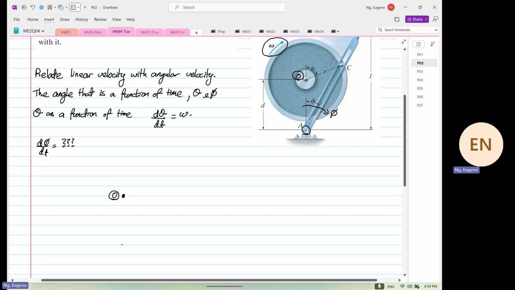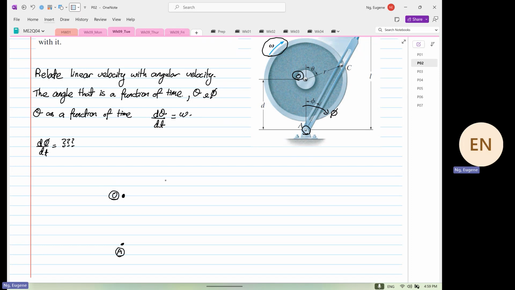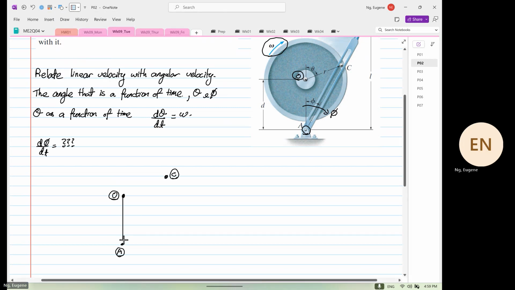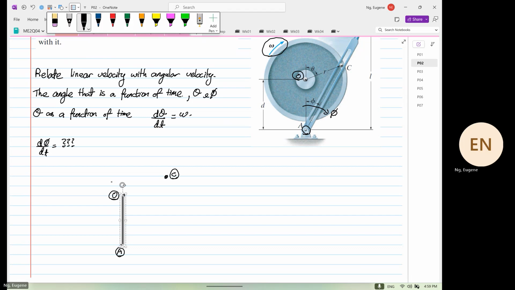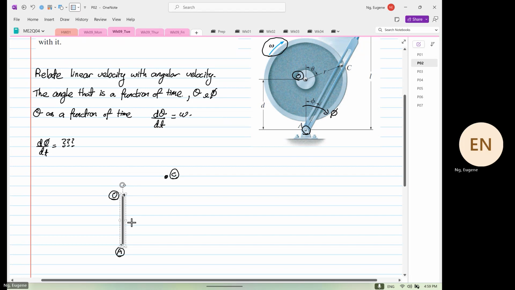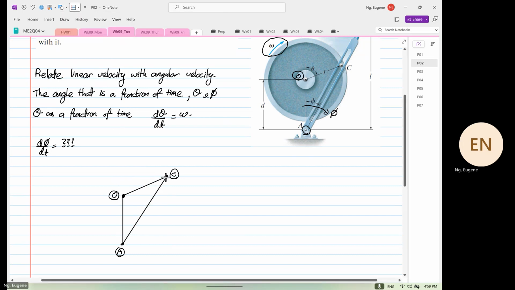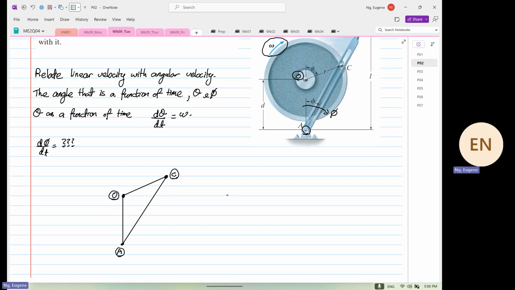And directly below, we have a point A. And then at a certain angle, we have point C. So if I draw a straight line now, what we are given is that this angle is equal to phi.